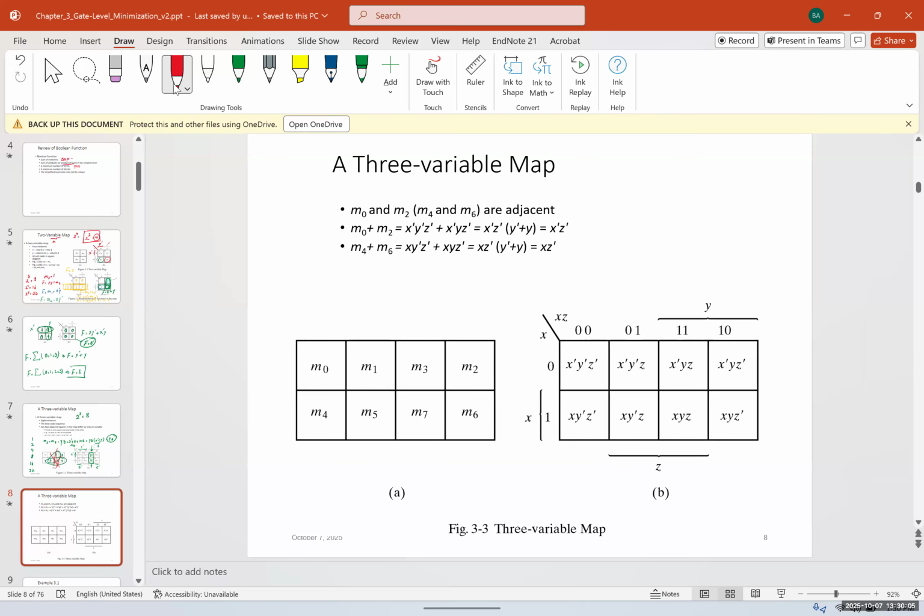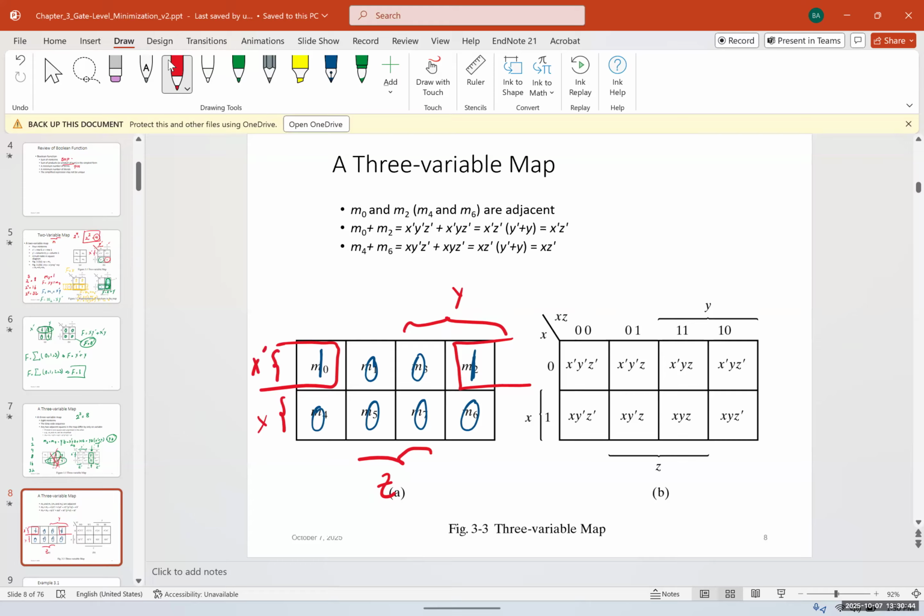Now, let's do some examples. So here, M0 and M2, these two are 1s, and the rest is 0. So I can simply put these two together because, as I mentioned, they are neighbors. Now, what do they have in common? This is Z, this is Y, this is X. So what variables are in common?